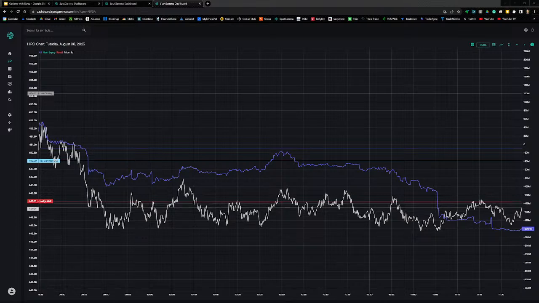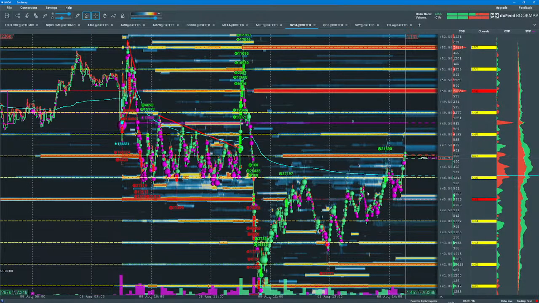All right, let's go take a look at Bookmap. That's up to about 1120. It's right around here.